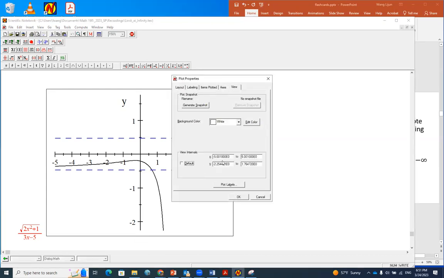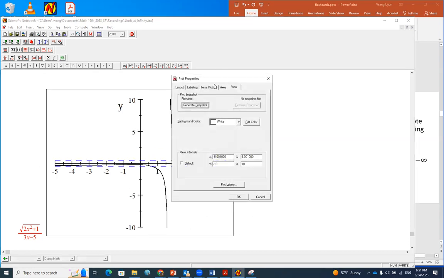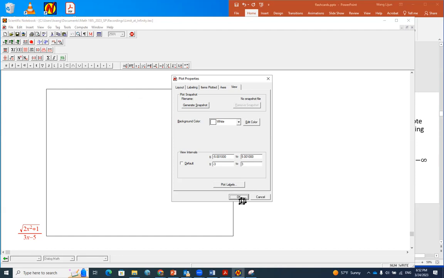Let me choose the view. Maybe this is -10, +10. I'm going to turn on the light. Well, the view, so maybe -3, +3. See, this will look better.